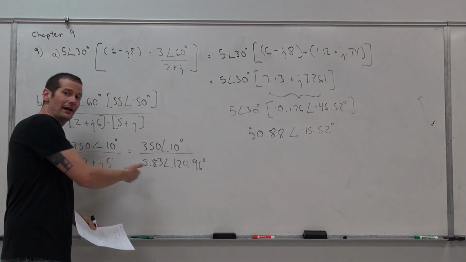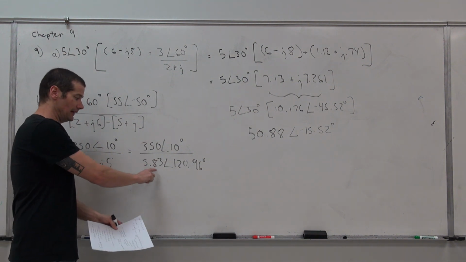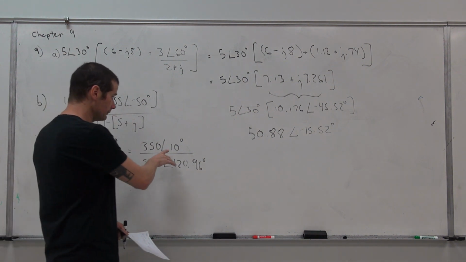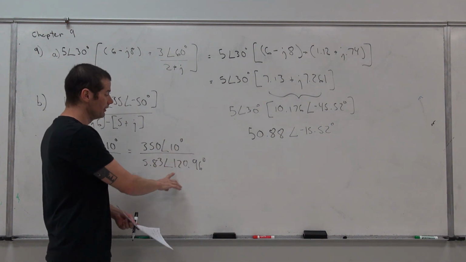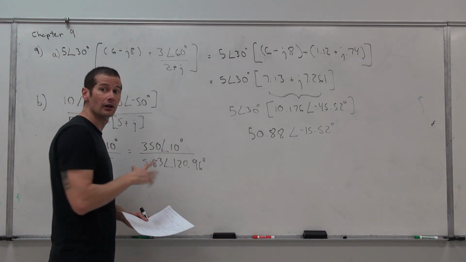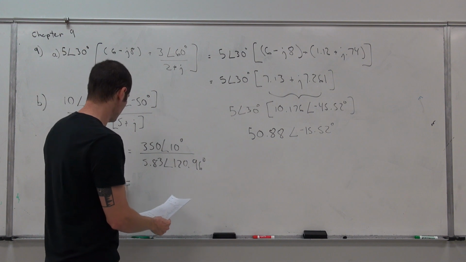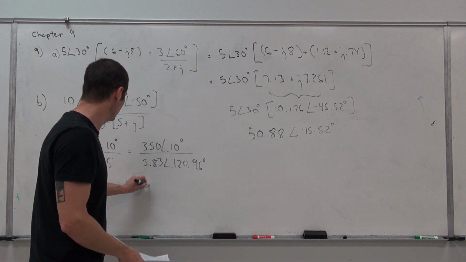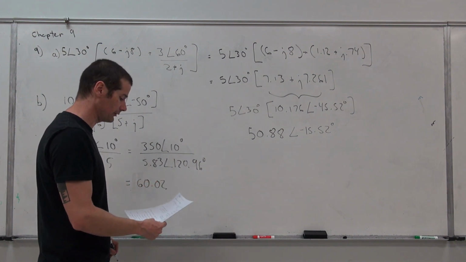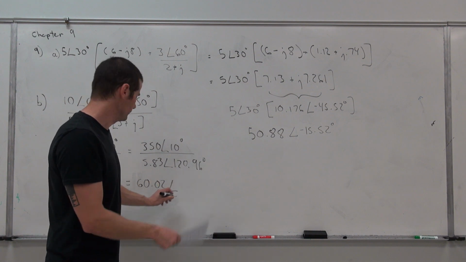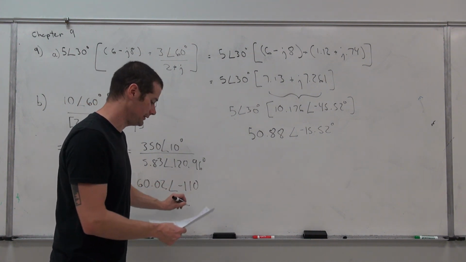We divide the magnitudes, 350 divided by 5.83, and with the angles, 10 minus 120.96. That comes out to be equal to 60.02 at an angle of negative 110.96 degrees.